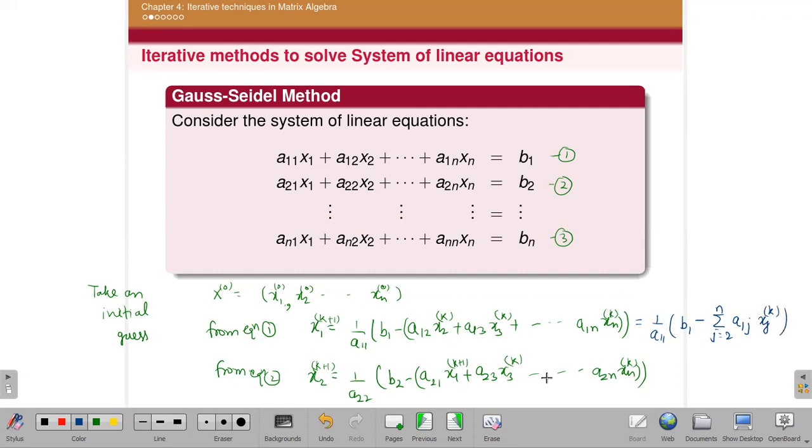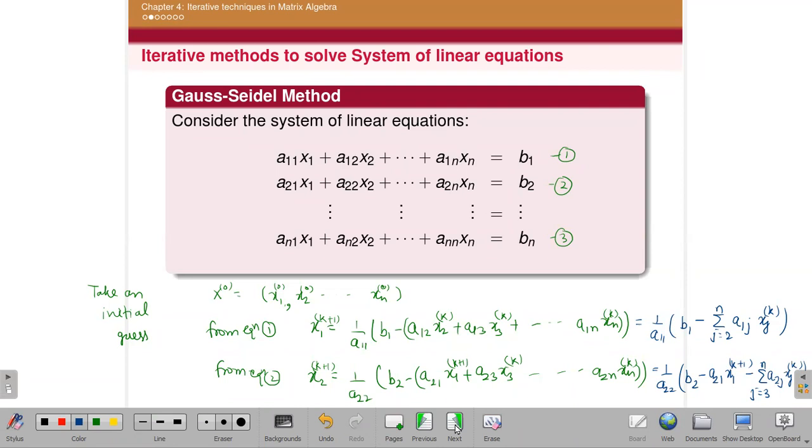So that is the same. Then what about this b2 minus, where k plus 1 is involved and k terms are also involved. So how to write it in the summation form? There is only one term of k plus 1. So the rest you can write in the summation, j equal to 3 to n a2j xj k.